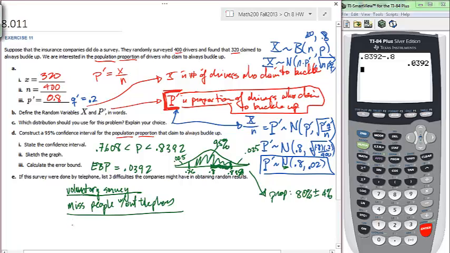So you might not get drivers who drive often.